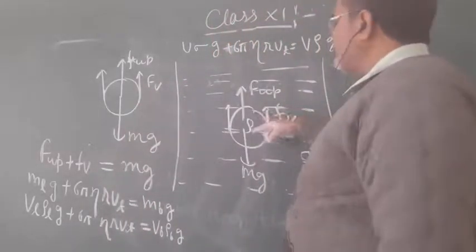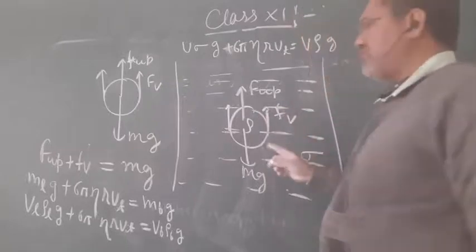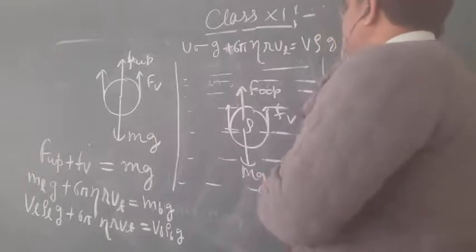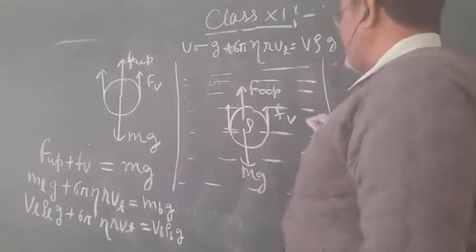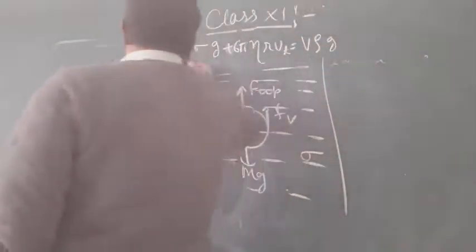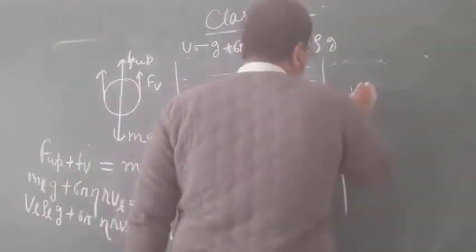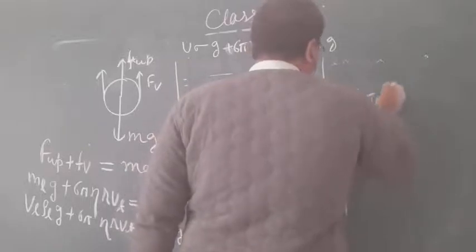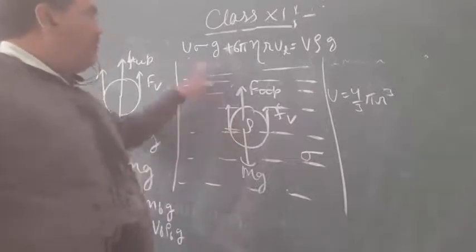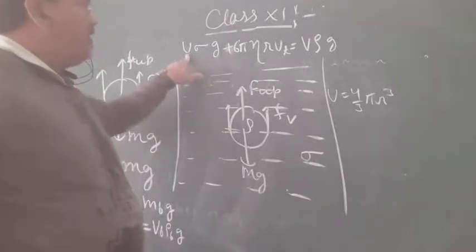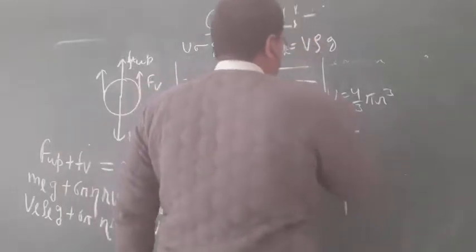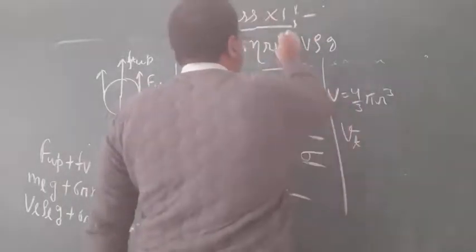The volume of the body is the same as the volume of the liquid displaced, because the whole body is inside the liquid. And because the radius of the body is small r, you can put V equal to 4 by 3 pi r cube. If you put V equal to 4 by 3 pi r cube and find v_t, that is the terminal velocity.